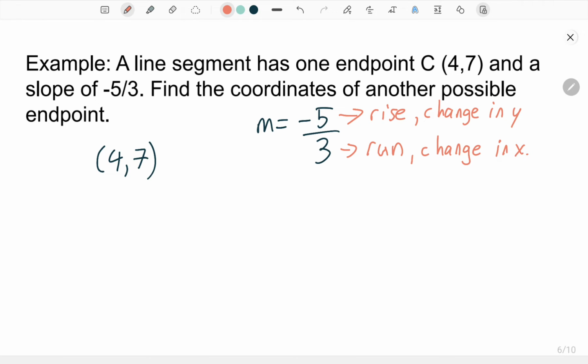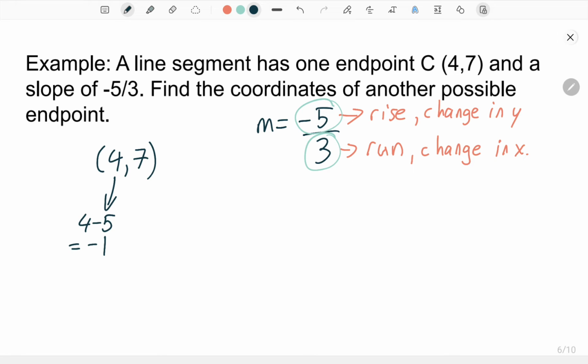So to find a new point, we can just directly use this change in value, as we'll call it, and apply that to the coordinates we already have. So right now, we have an x value of 4. Well, we know the slope says we change in y by -5. So we can do 4 minus 5. And what is that going to give you? -1.